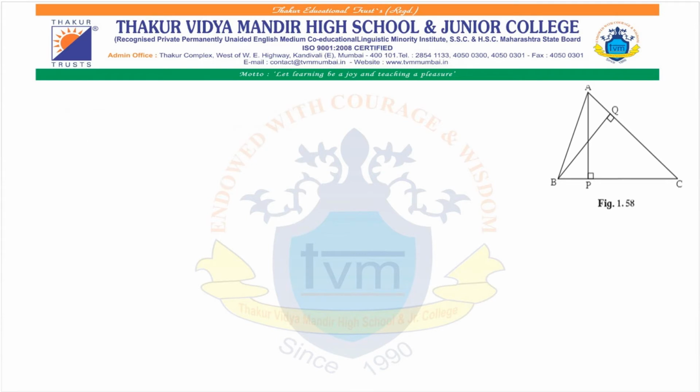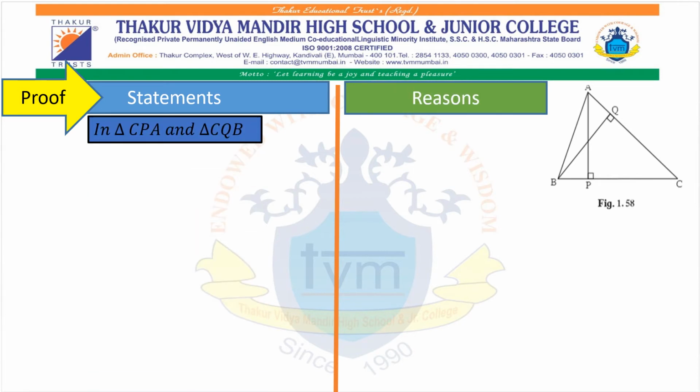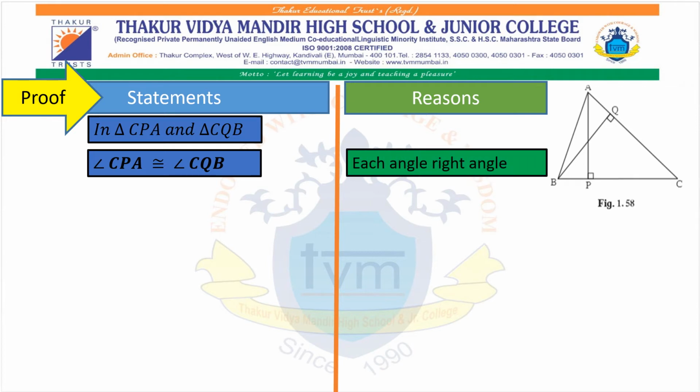So if you see the two triangles CPA and CQB, they are which type of triangle? Right, they are right angle triangles. So in these two right angle triangles, we already have one angle that is congruent, that is angle P of triangle CPA and angle Q of triangle CQB, and they are congruent because measure of each of them is right angle, 90 degree.